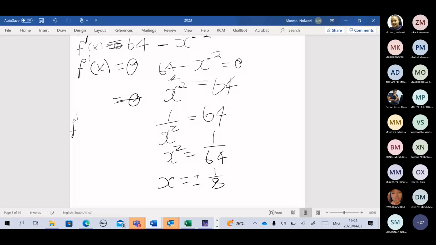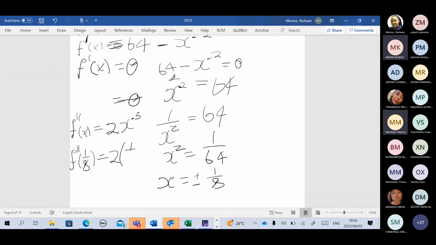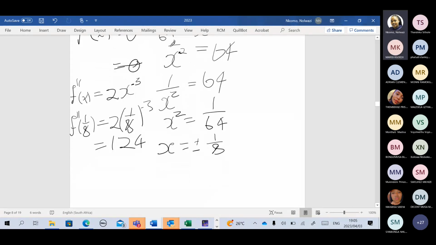Then if you substitute plus 1 over 8, I got 1024. And if you substitute minus 1 over 8.